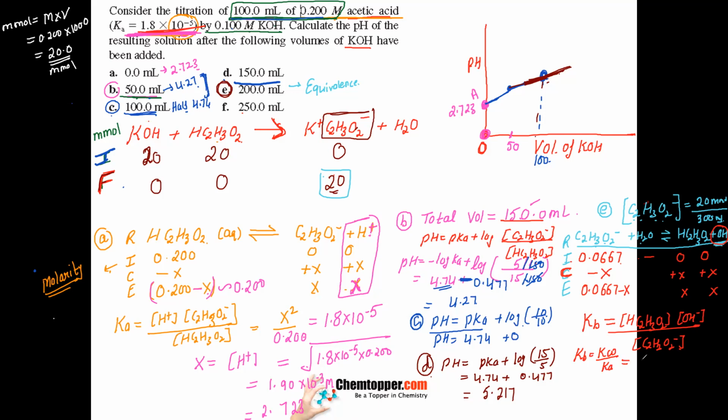When you plug in the values, Kw, 1.0 times 10 raised to a minus 14. Ka, 1.8 times 10 raised to a minus 5. So it is 10 raised to power. Is it 5.6? 10 raised to power minus 10?